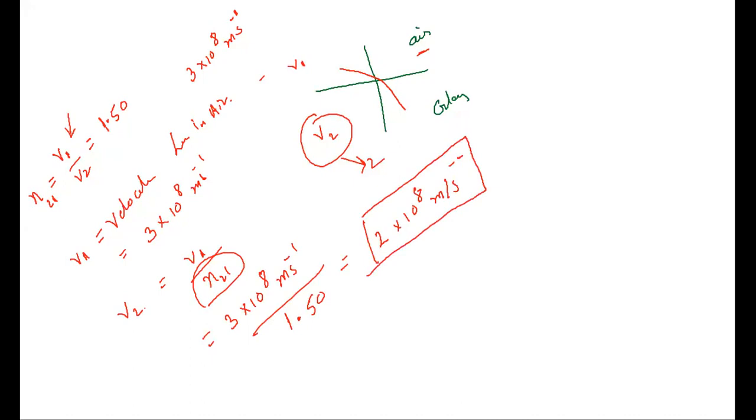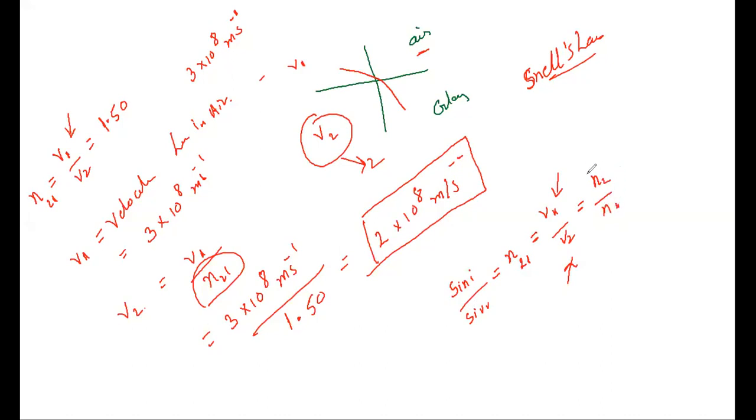Clear, girls? Come on, girls. What is Snell's law? Sin i by sin r is equal to N21, the refractive index of medium 2 with respect to medium 1, which is equal to V1 by V2, where V1 is the velocity of light in medium 1 and V2 is the velocity of light in medium 2, which will be equal to n2 by n1, that is the absolute refractive index of medium 2 to the absolute refractive index of medium 1.